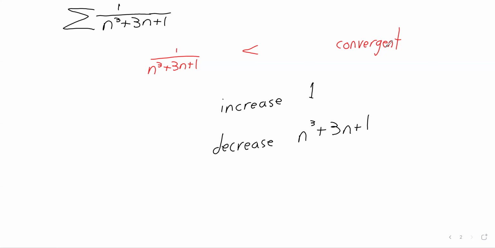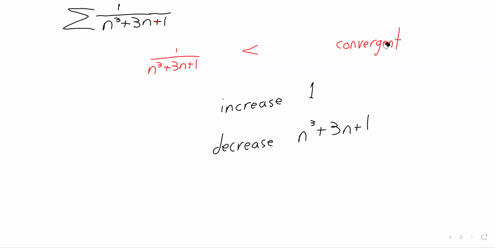Just get rid of the 3n plus 1. And again, this is very delicate. If instead of addition here, we had subtraction, we couldn't just get rid of the subtraction, because getting rid of subtraction is going in the wrong way.